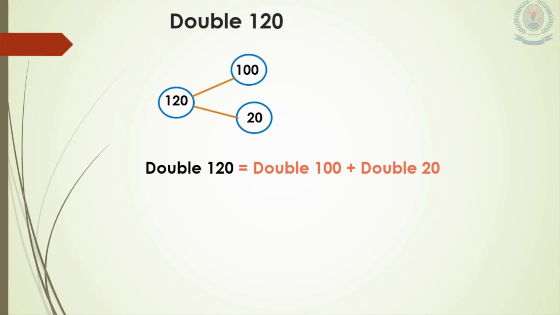We have to find the doubles separately. 120 is broken up into two parts as 100 and 20. To find the double of that, we can find the double of 100 and double of 20 separately. So double of 100 is 200, double of 20 is 40. When we add it, we get the double of 120 is 240.